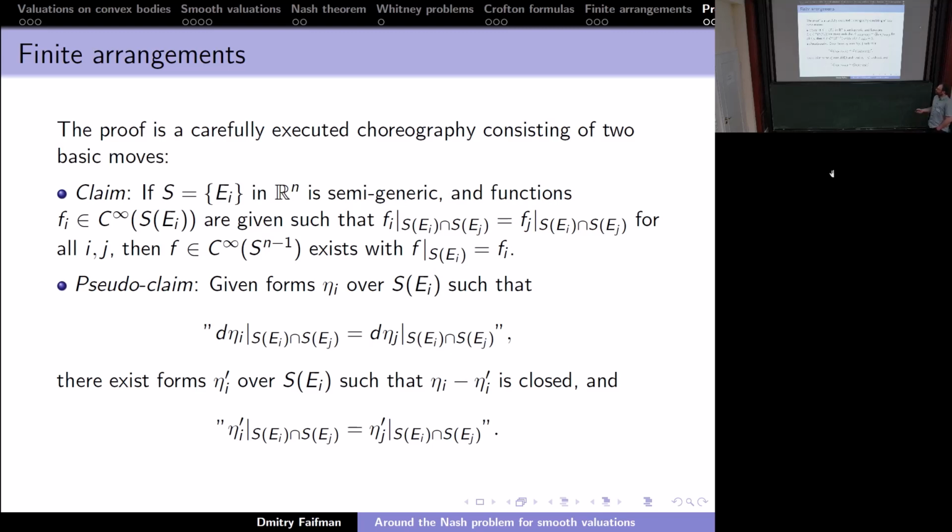What we do, we prove that they can be replaced with forms such that, on the one hand, the difference is closed, so it would not be affecting the corresponding valuation. On the other hand, such that the compatibility happens not for the differentials, but for the forms themselves, which we later can interpolate. And, well, that can be done.